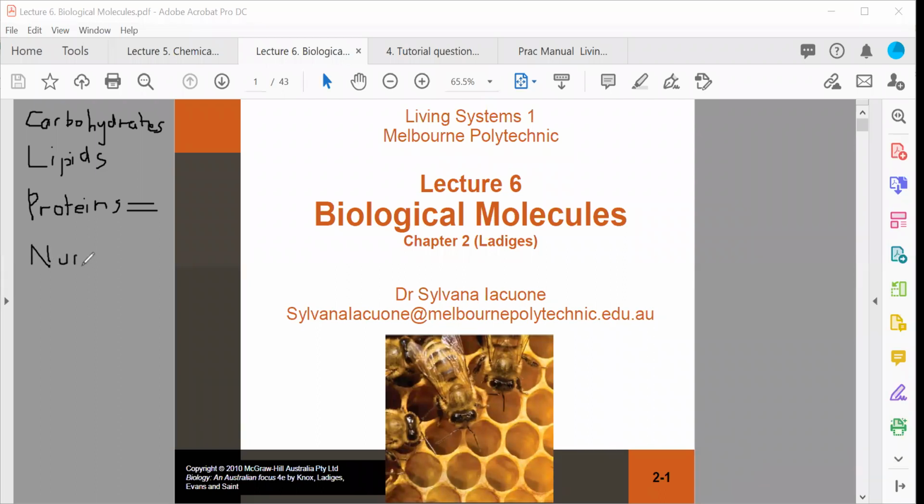All right, so the 4th one, I nearly forgot myself. The 4th class of biological macromolecules, the nucleic acids. Now, you might not be familiar with this one, but you will be familiar with the 2 major types of nucleic acids, which are DNA. Everyone's heard of DNA.